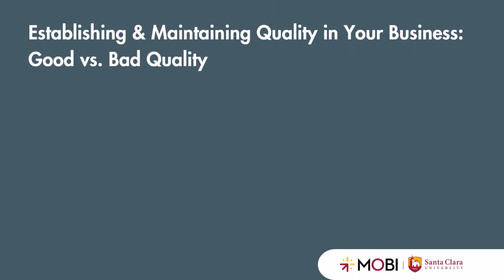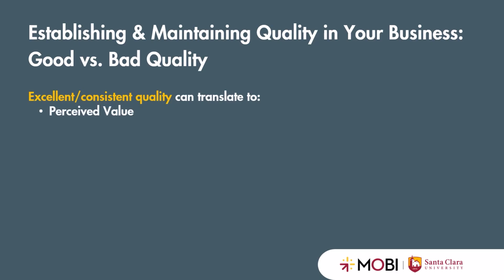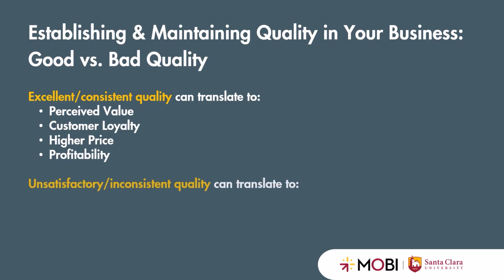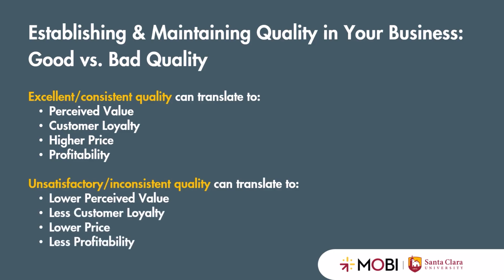Quality is one of the most important characteristics you'll establish for your product or service. Excellent or consistent quality can translate to perceived value, customer loyalty, price, profitability, and more. Similarly, inconsistent or poor quality can damage perceived value, customer loyalty, price, profitability, and more.